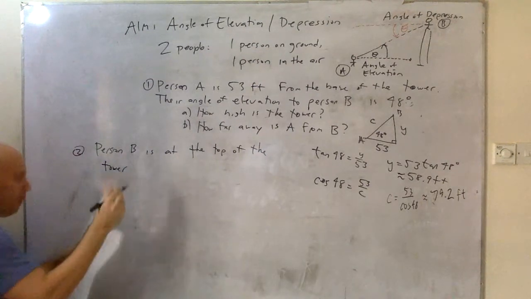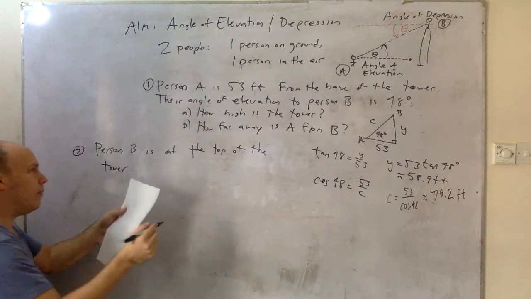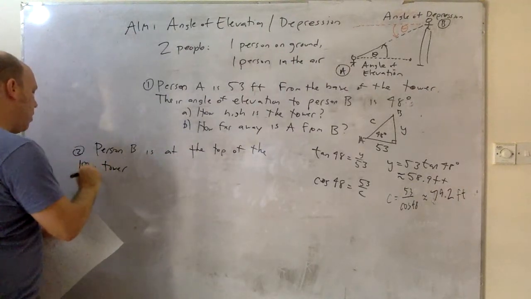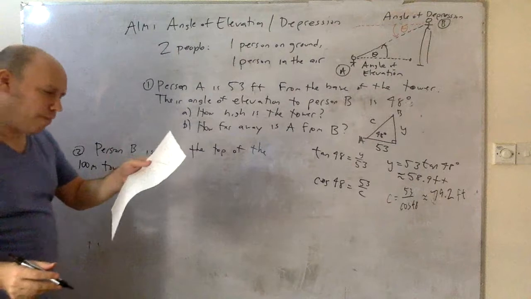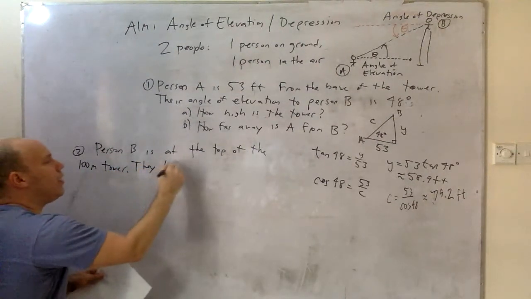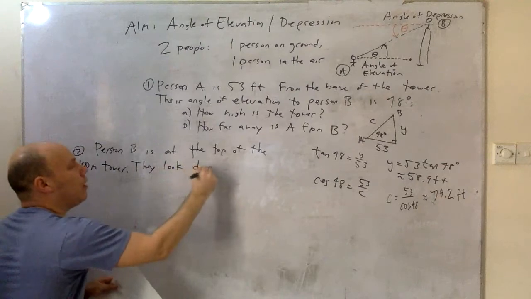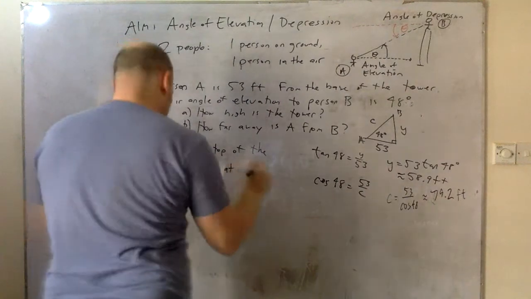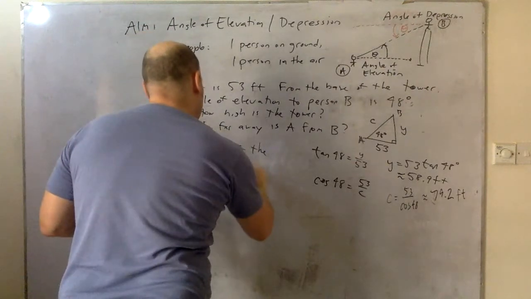Of a 100-meter tower. They look down at a 40 degrees.